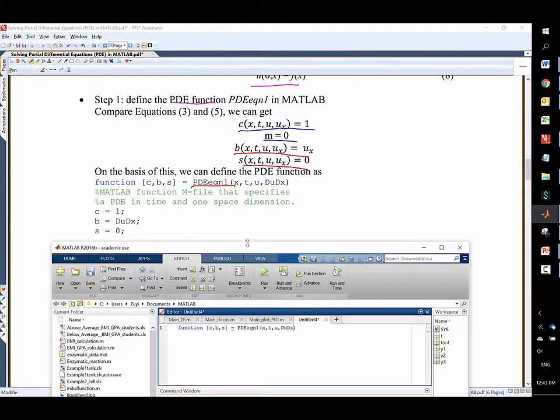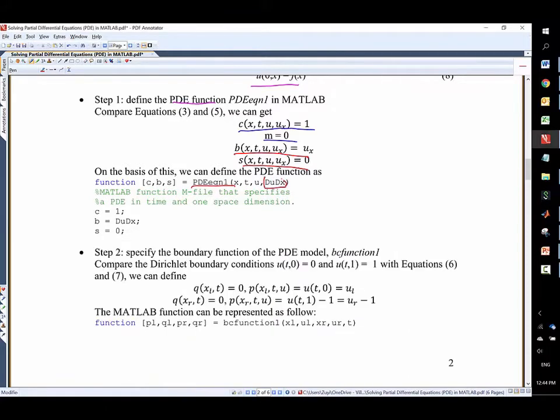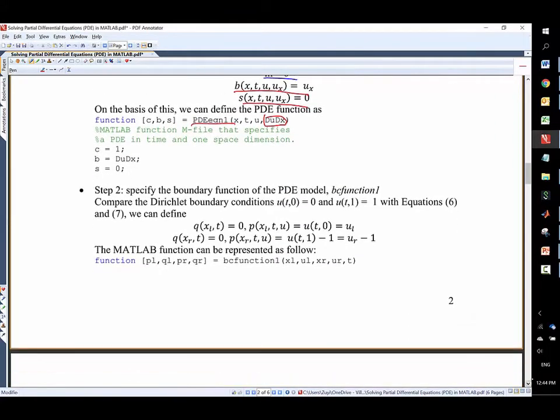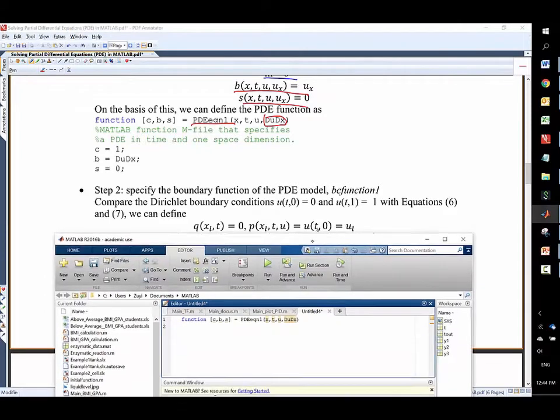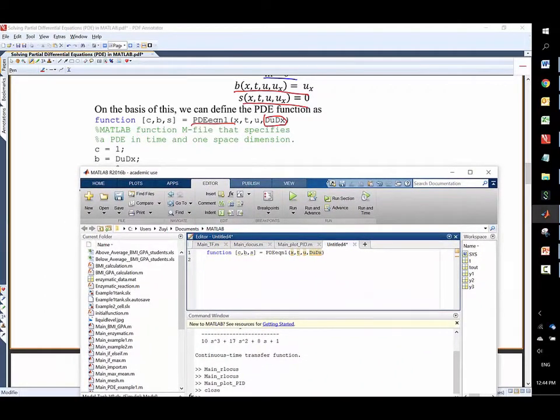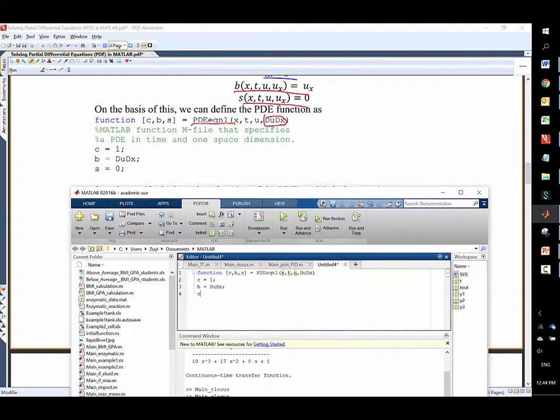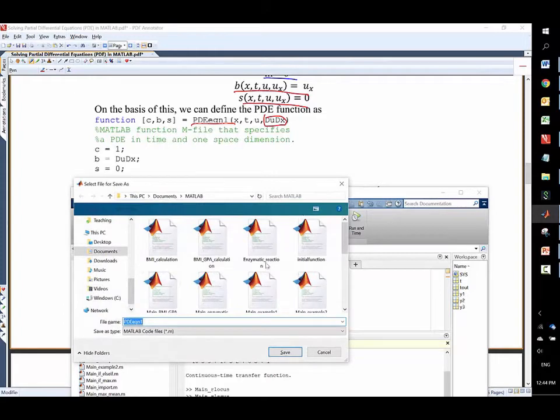Be careful to use the same format that's specified by MATLAB, for example du and dx. So c equals 1, b equals du dx, and s equals 0. Save it; again, the document should have the same name as the function.